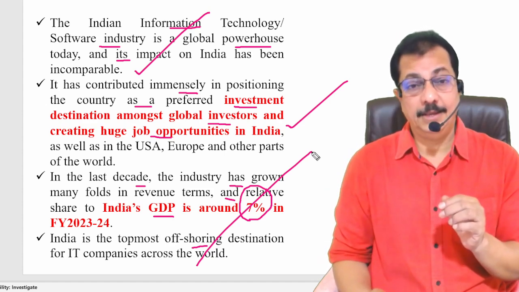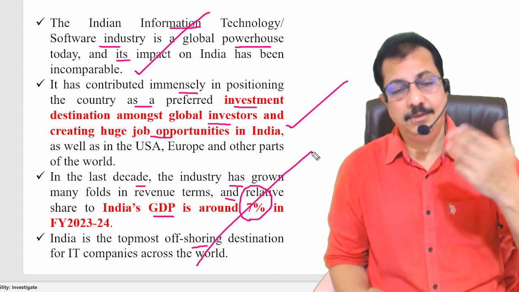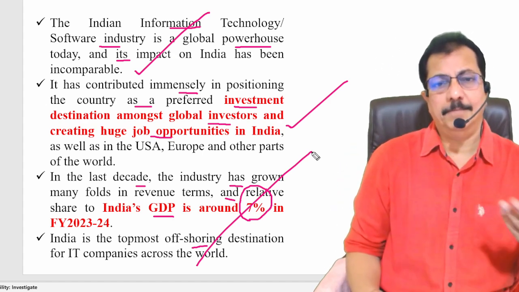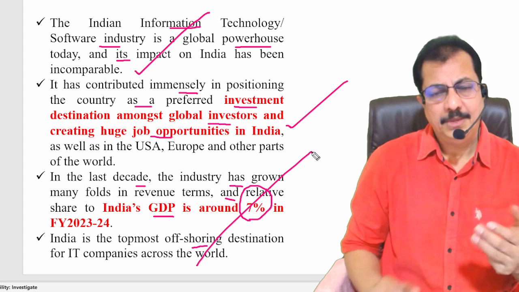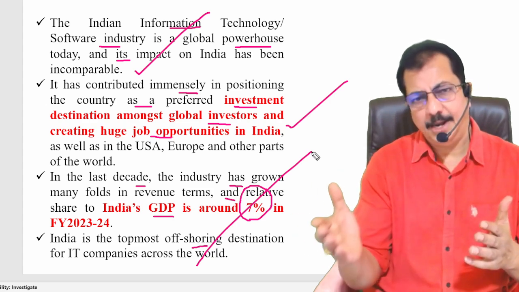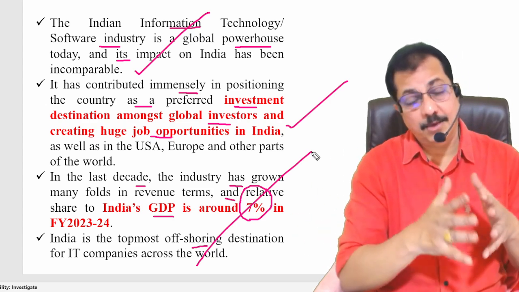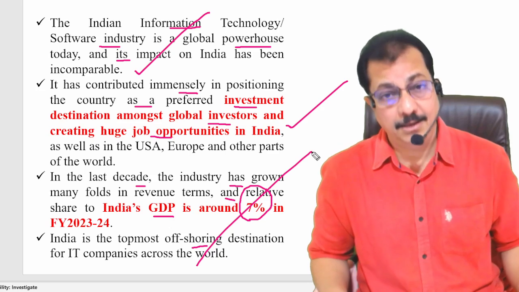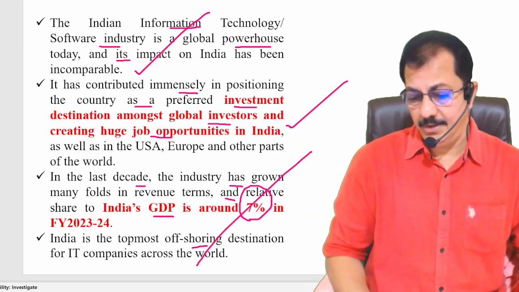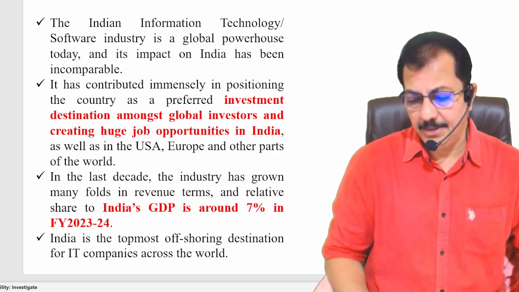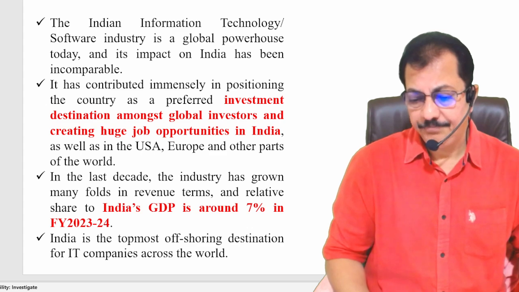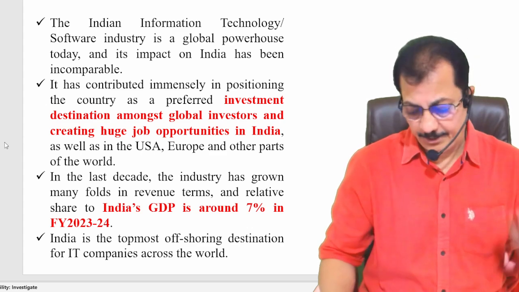That is the reason why companies like Google, companies like Microsoft, they are all looking towards India. And you already know that they have established their companies in India already. Clear? Very important. And all became possible because of the various policies of the government.